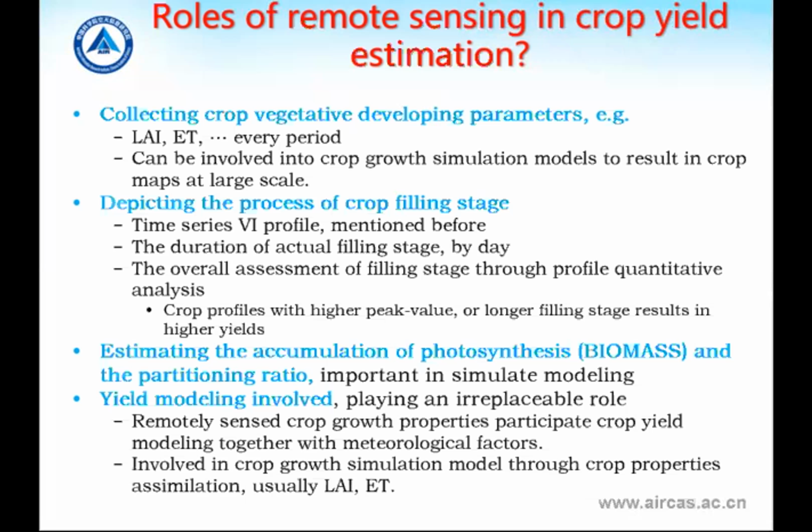And the remote sensing yield indicators can also be integrated into the crop growth simulation model together with the meteorological data that Professor Chen has already introduced in his presentation.